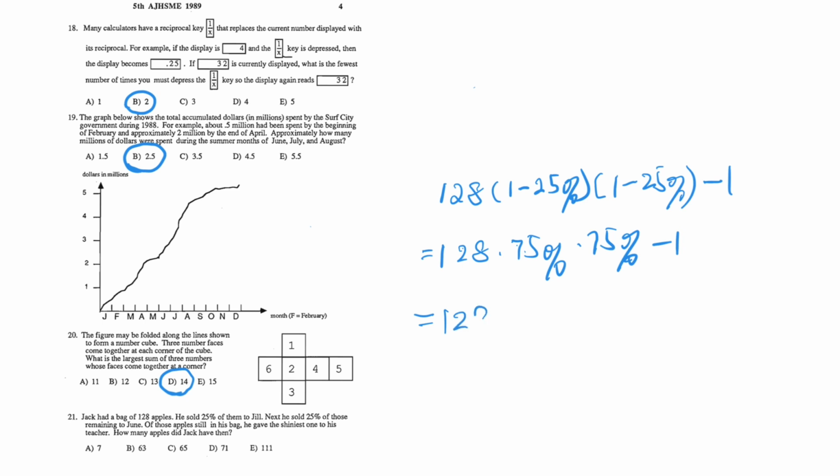That means 128 times 3 over 4 times 3 over 4 minus 1. 4 cancels with 128, that's 32. Cancel another 4, that's 8. So 8 times 3 times 3 is 72, minus 1 equals 71. So the answer is D.